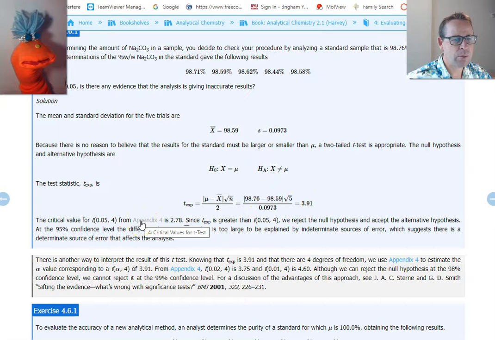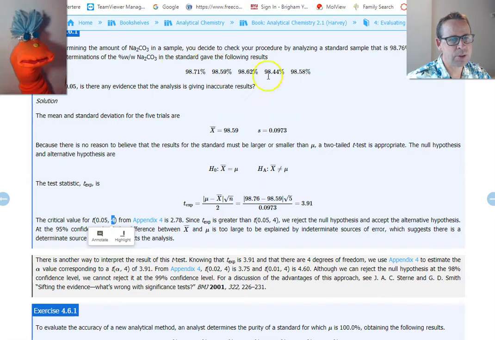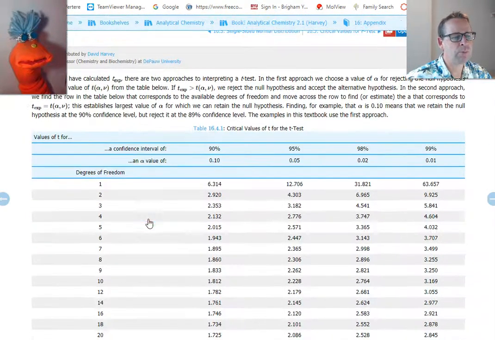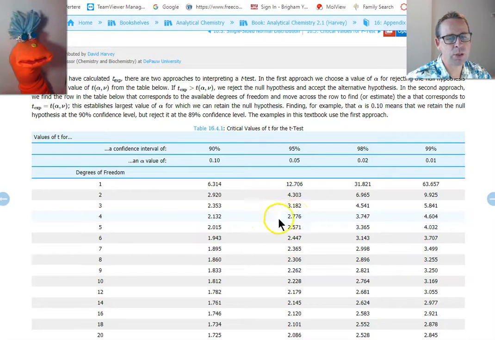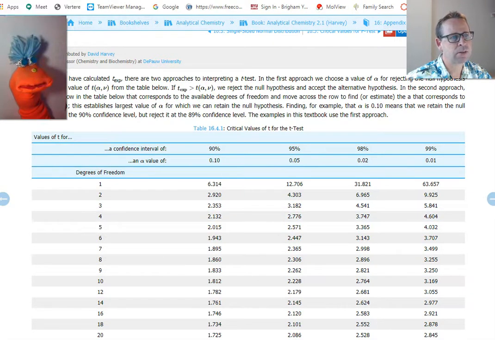Remember that we're looking for a 95% confidence interval where n equals 4. That's degrees of freedom equals 4. So here we go: degrees of freedom is 4, 95% confidence. That's where we get 2.776. Okay?